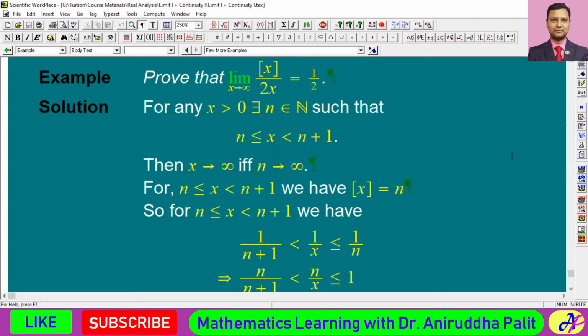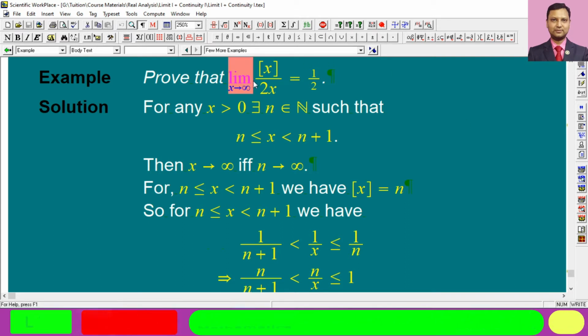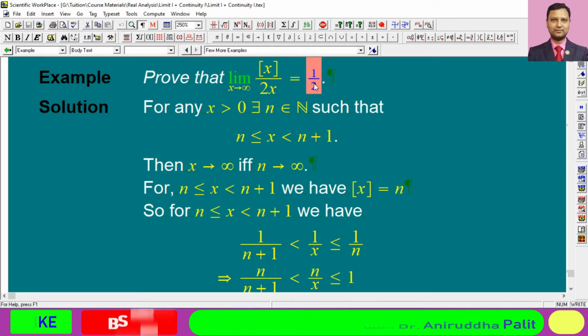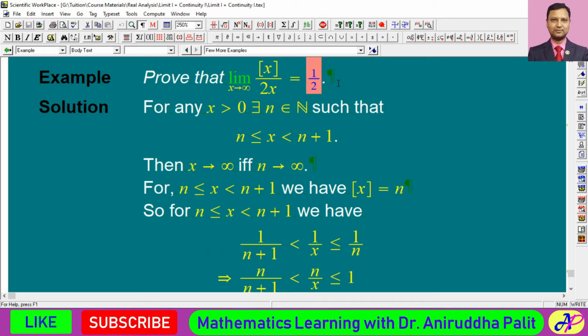The first example we are going to discuss is that we have to prove that the limit as x tends to infinity of [x] by 2x is equal to half. What is [x]? [x] is the integral part of a real number.